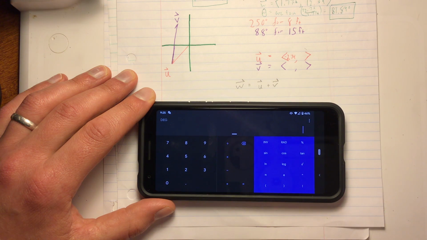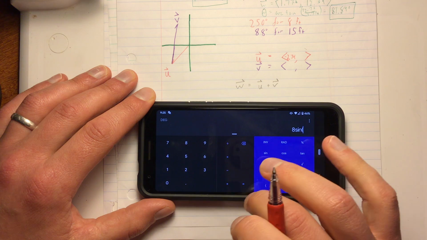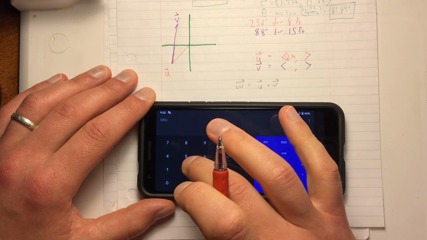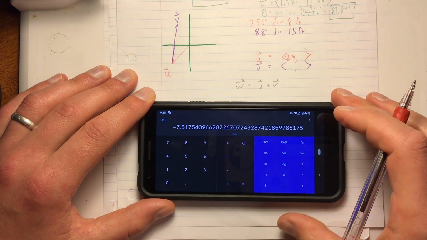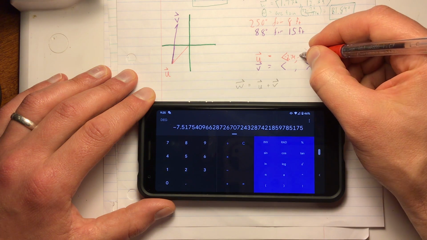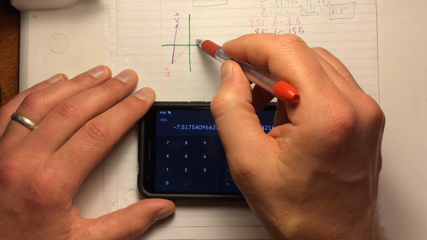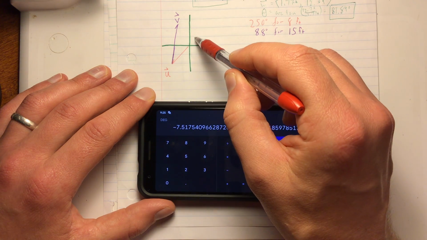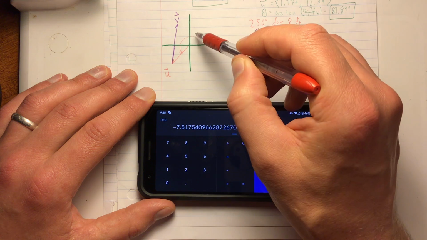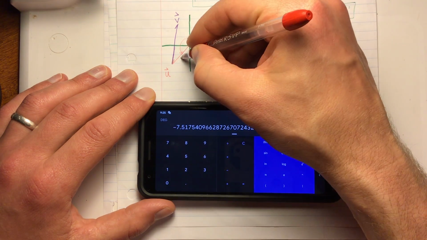The y component would be 8 times the sine of 250, negative 7.51. So that gets us all the way over here. That's 250 degrees for 8 feet.